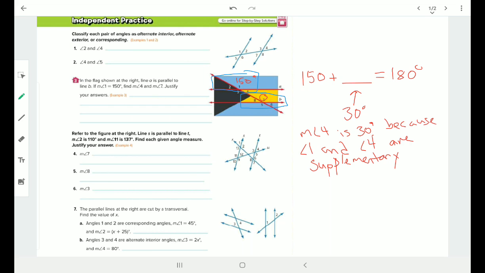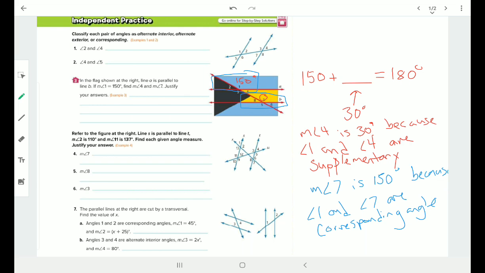So that means 1 and 7 are congruent. So the measure of angle 7 is 150 degrees because angle 1 and angle 7 are corresponding angles. Okay? So that's kind of the idea. That's how you would justify it.